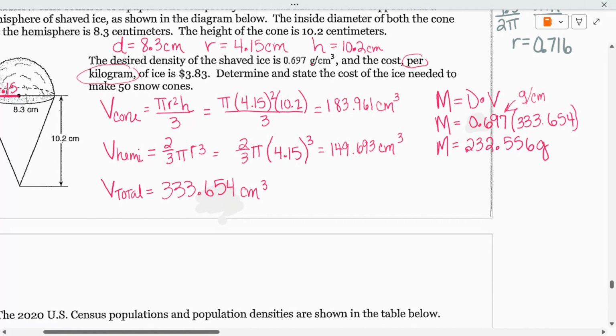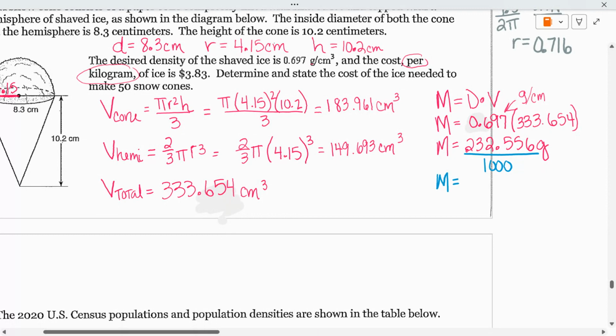So what is the difference between a gram and a kilogram? A kilogram's 1,000. So if I have 230 grams and I want to transfer that to kilograms, I have to divide by what? If I want to go from grams to kilograms, I have to divide by 1,000.